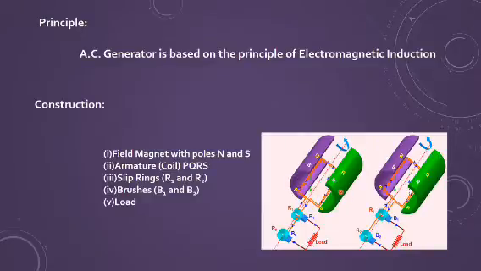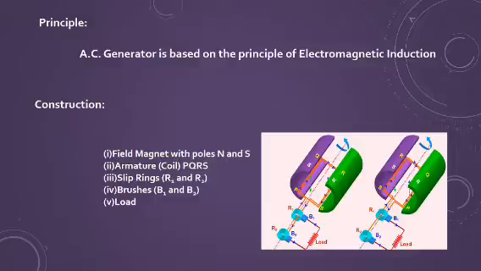Then also the same thing will happen, as we have studied in Faraday's experiments, that either I keep the wire fixed and move the magnet, or I move the coil and keep the magnet fixed. The only thing is I want to produce a change in magnetic flux, and whenever there is change in magnetic flux, the induced EMF and hence the induced current is produced. So this was about the principle and construction.